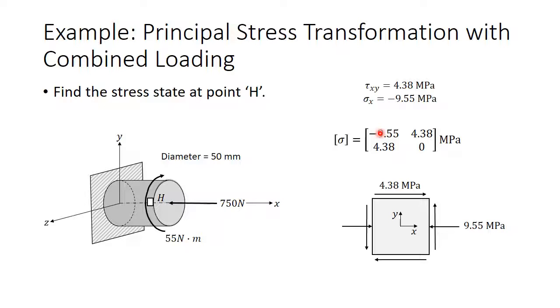So the stress state is, along the diagonal, your normal stresses, x and y, and both of these off-diagonal shear terms are going to be the same because it's a symmetric matrix, and this is your shear stress. Now this normal stress is compressive. It's actually the same across the whole cross-section, and so because it's compressive, we know it's negative.